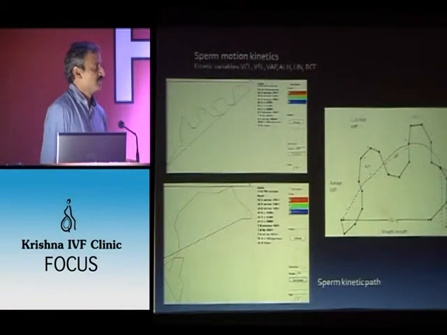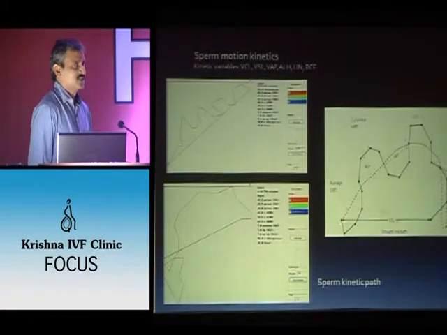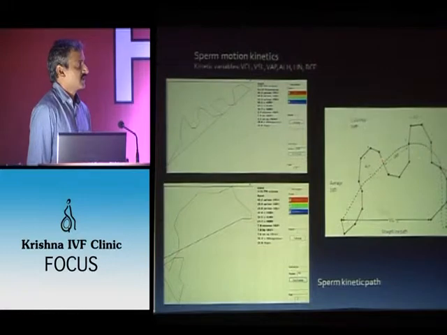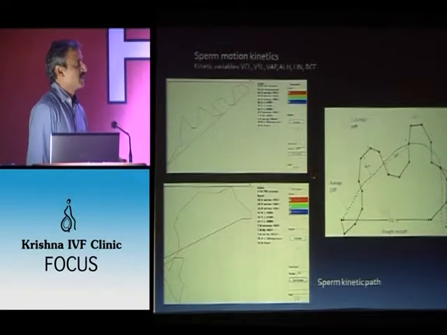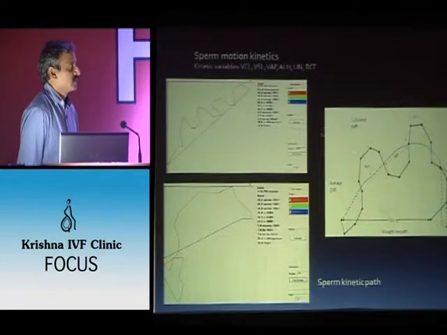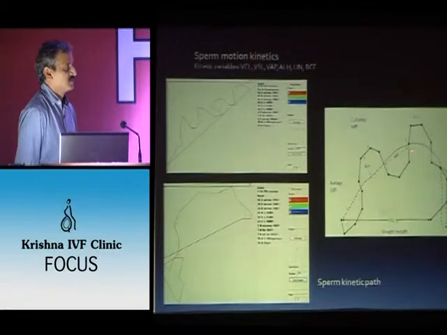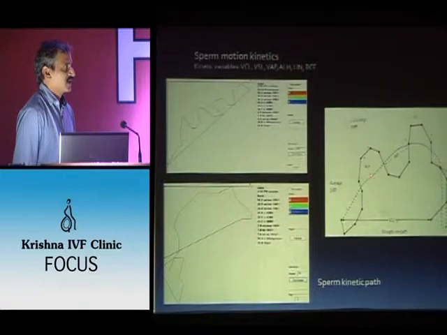If you see this graph, suppose the sperm starts its movement at point A and this is point B. It never travels in a straight line. It takes a curvilinear path. And the system measures the sperm movement by assigning various velocity parameters. Like we have VCL, which means the total distance covered by the sperm, average path velocity VAP, straight line velocity VSL, and also ALH, amplitude of lateral head displacement.